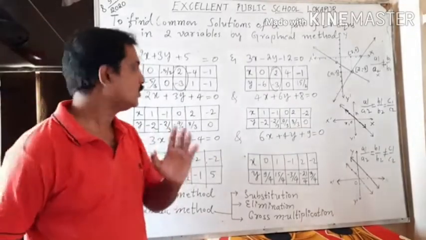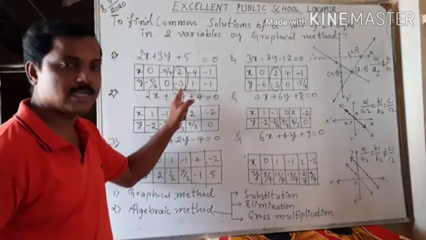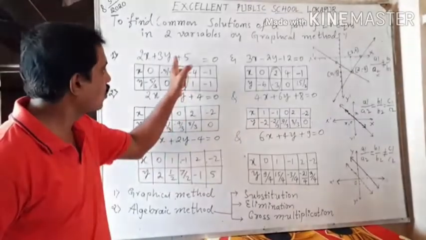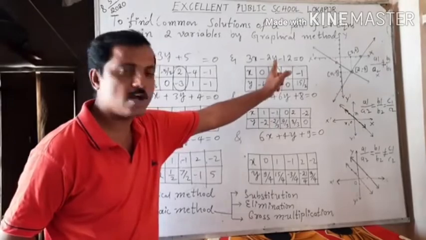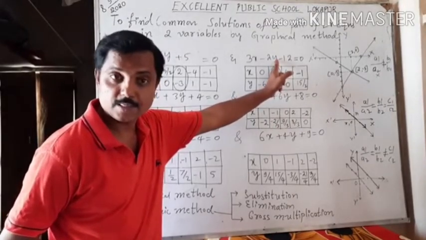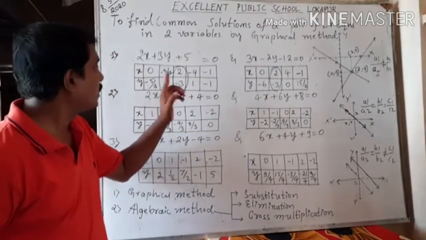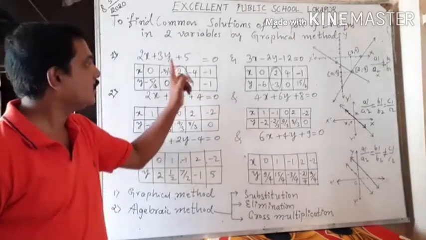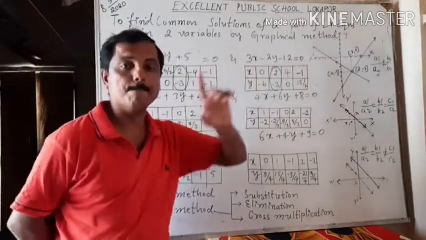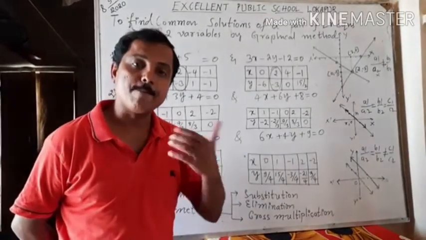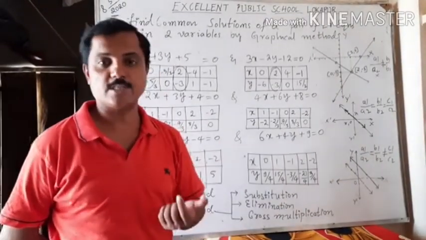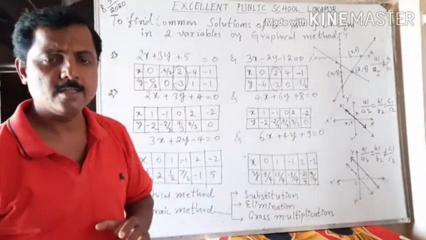But you see that (2, -3) is a solution of this equation also. That is why (2, -3) is called the common solution of both the equations, meaning the common solution of a pair of linear equations. Do you understand?